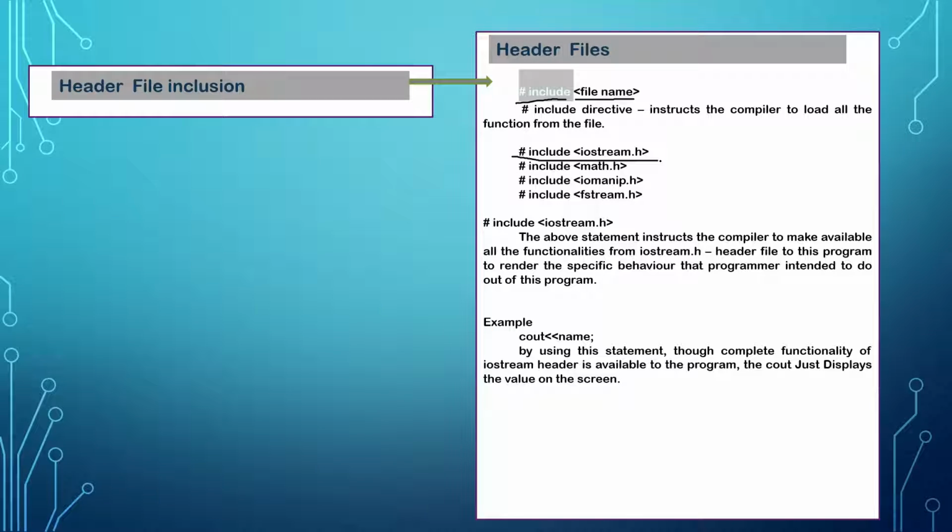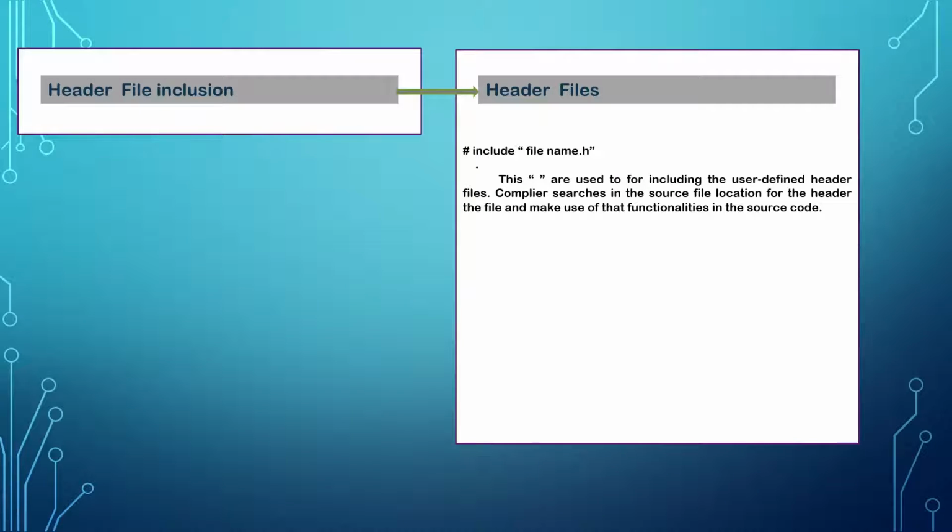So this is the purpose of header files. A header file is just to include files into your source code. Here it instructs the compiler to load the standard libraries into your file. You can include your user-defined header files too. How?